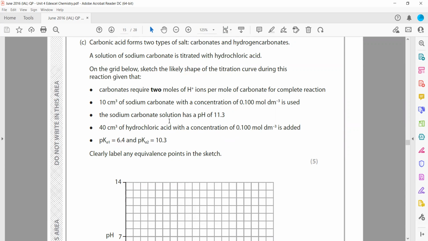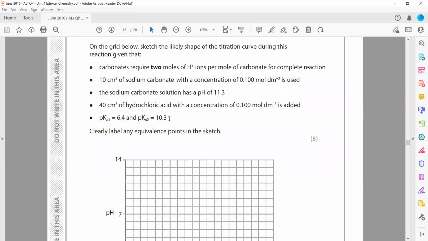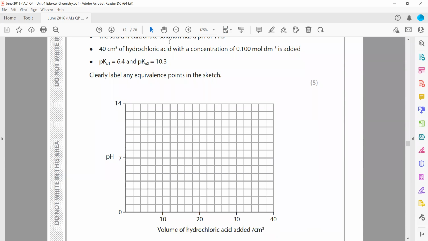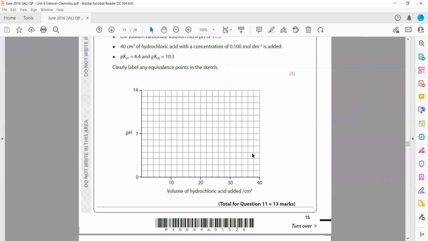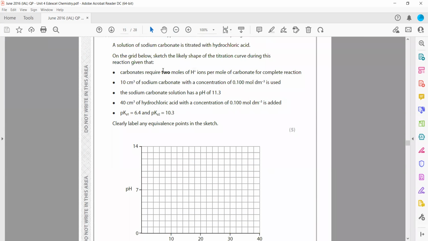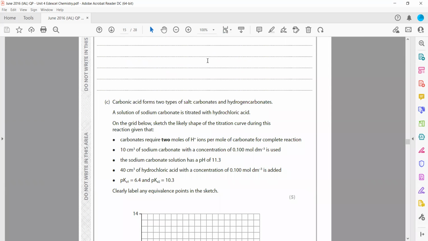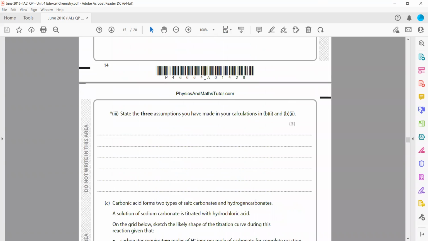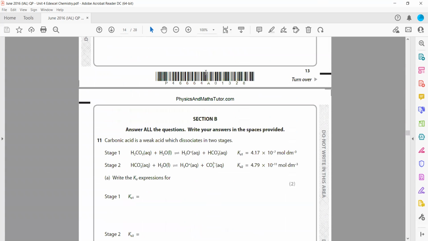So pKa indicates the pH range at which the change occurs. They already mentioned carbonate requires 2 moles for a complete reaction, and hydrogen carbonate only requires 1 mole. So there might be a reaction of HCO3-, and then a reaction of CO3 2-.